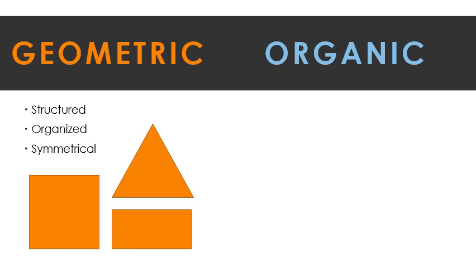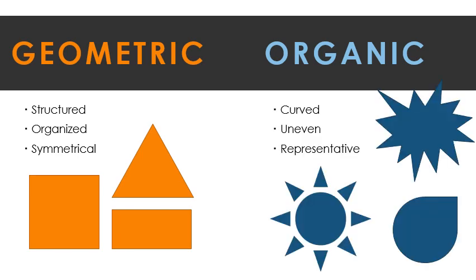All of these basic geometric shapes really imply a sense of structure, organization, and symmetry. Versus our organic shapes, which are basically everything that's more natural in form. These are the curved shapes, the uneven shapes, the representative shapes, like it looks like a sun, a teardrop, or a tree. These are all of our organic shapes.